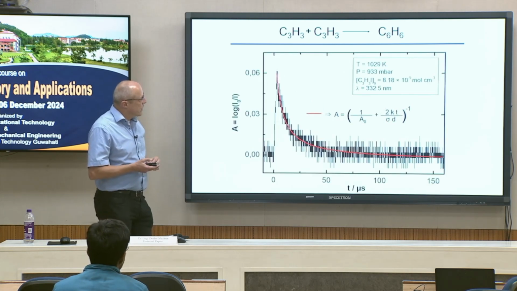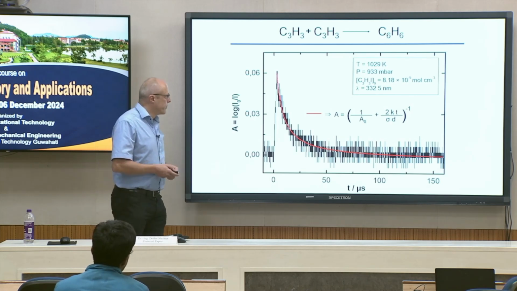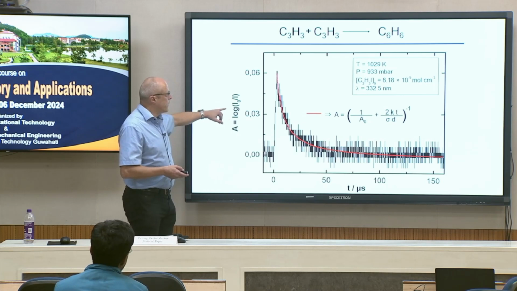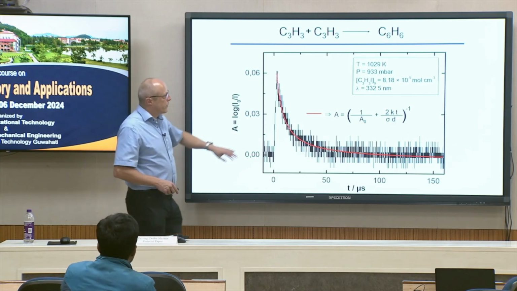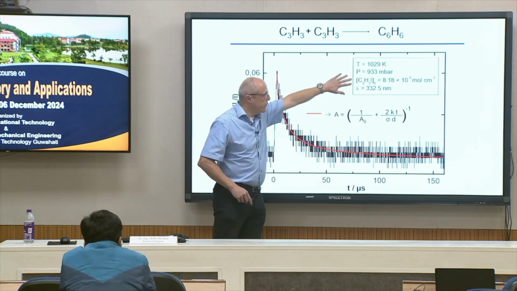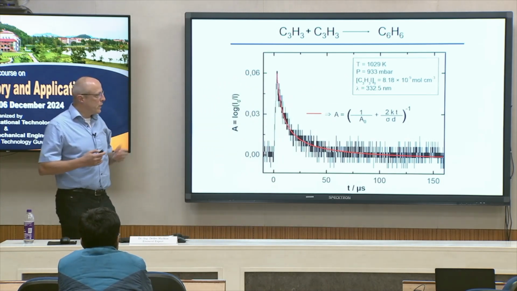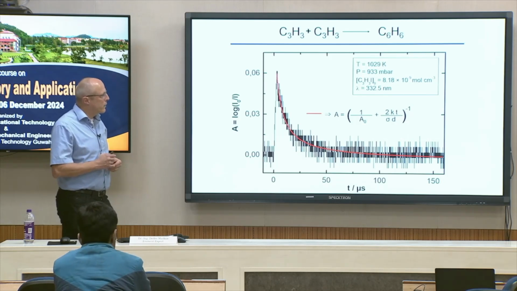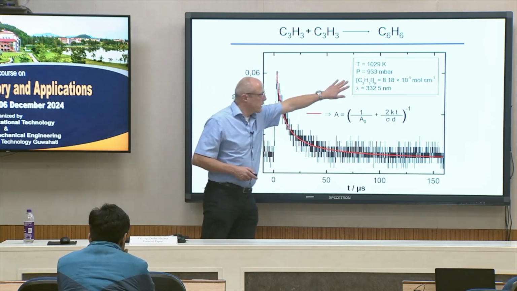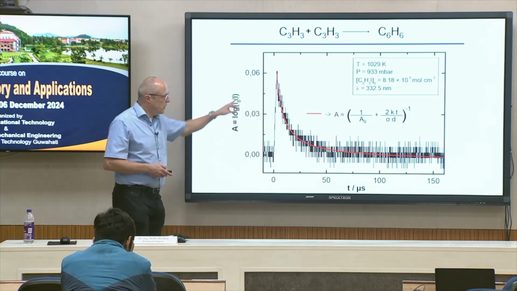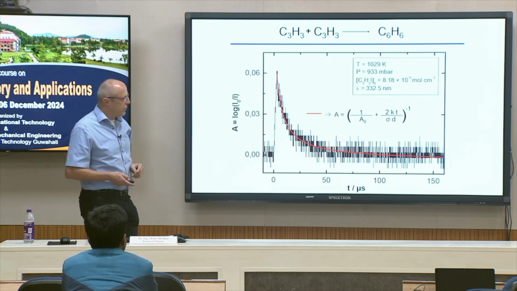And so here we can examine the intensity. So we have propargyl iodide, C3H3I, and this we photo-ionize using a laser, and then we can examine the recombination of the formed propargyl radicals, and so from this decay here we can get information about the reaction rate.